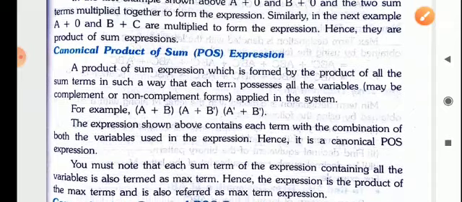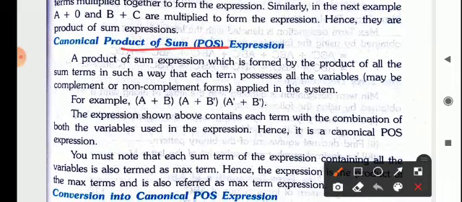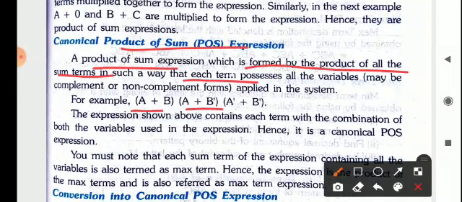Now let us see what canonical product of sum is. A product of sum expression formed by the product of all the sum terms in such a way that each term possesses all the variables. Here also all the variables are a must. You can see here a plus b, a plus b complement, and a complement plus b complement.